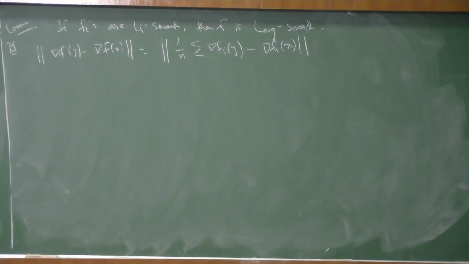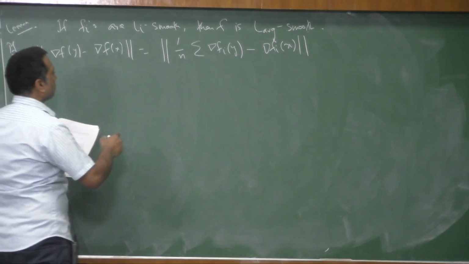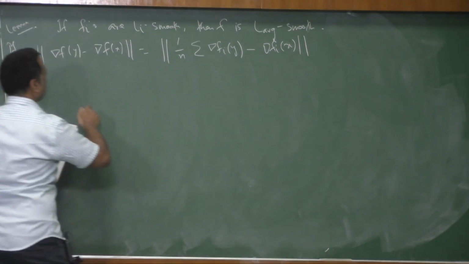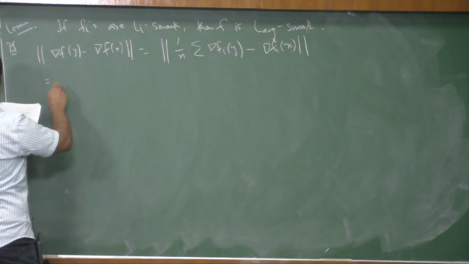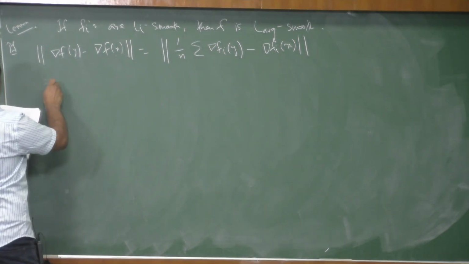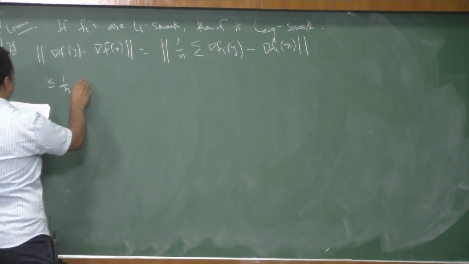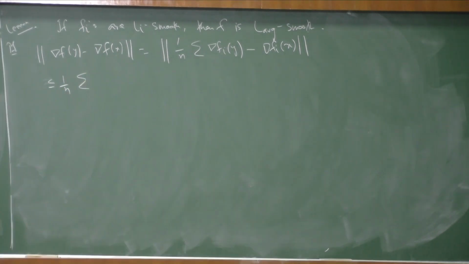The 1 by n can come out, and then we apply Lipschitz on each of the fi because they are given to be Lipschitz smooth. There will be mixed terms, so we may have to use the triangle inequality.